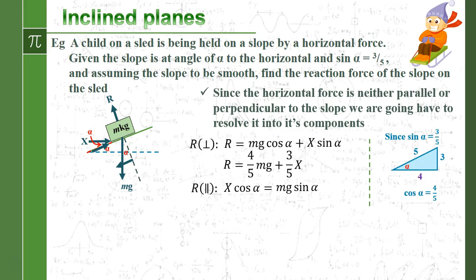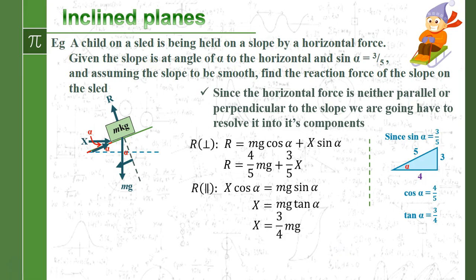Now, what we can do is make this say X equals, so let's move the cos over, and sine over cos is tan, so we can write that as mg tan alpha, and let's come back over to our triangle over here, and we can see that tan alpha is 3/4, so we've got X is 3/4 mg.